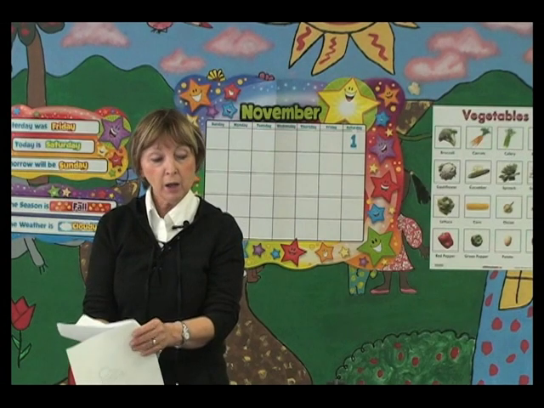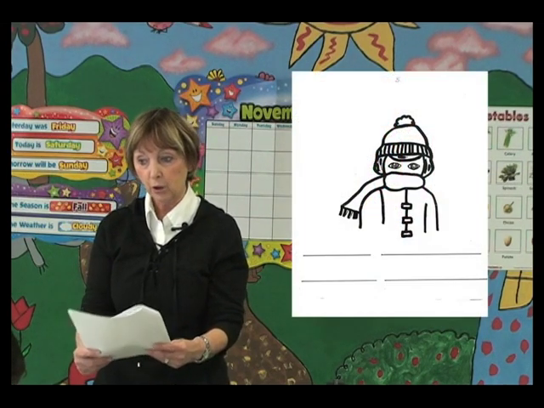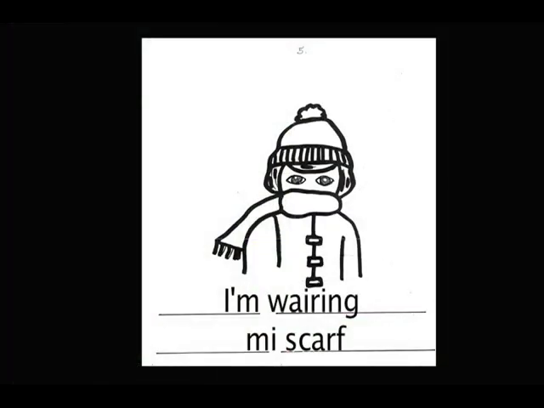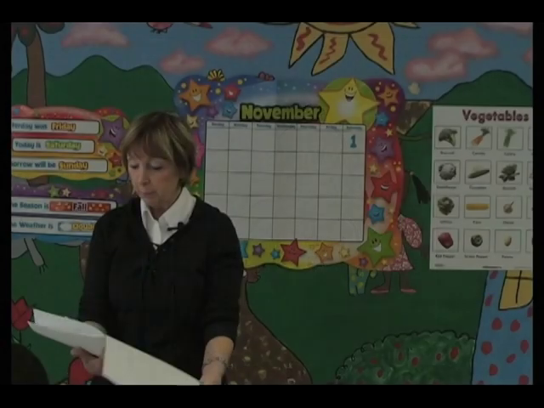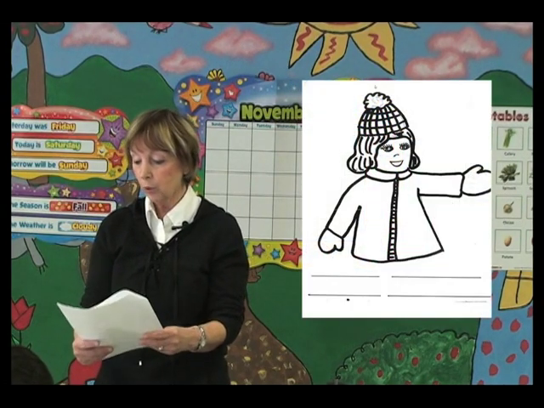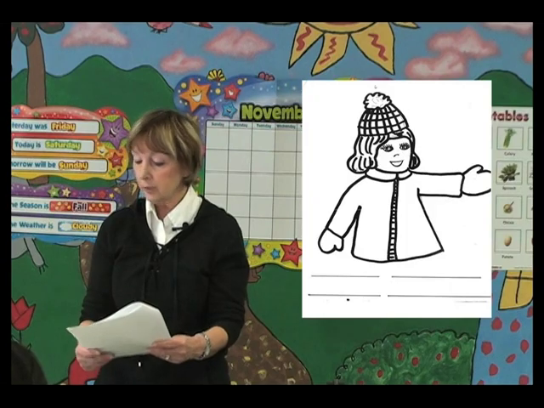Page number 5, you have a picture of a little girl wearing a scarf. So the sentence that you're going to write on that page is going to be, I'm wearing my scarf. And the last page, page 6, you have a picture of a little girl wearing her mitts.